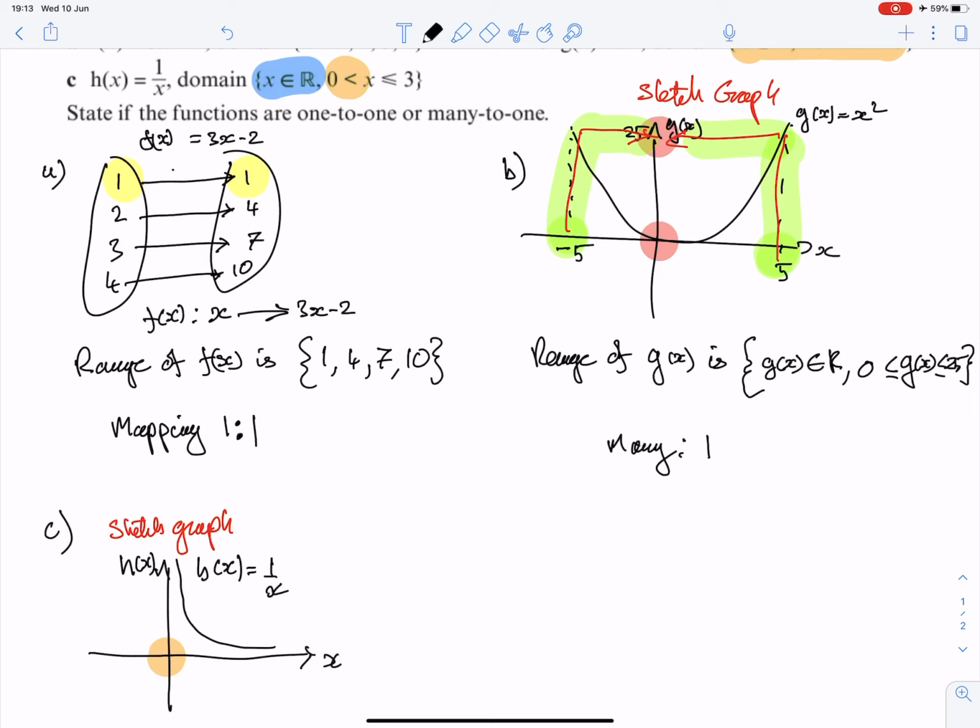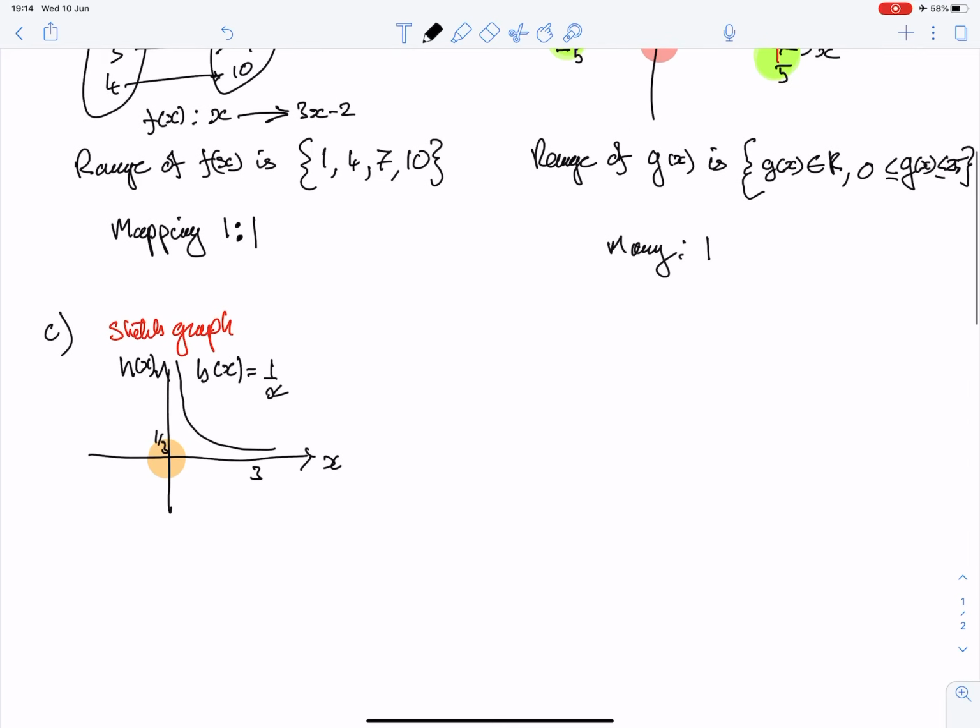This goes up very, very high. When we go across to 3, our output value will be a third, 1 over 3. So when you put 3 in here, we get a third out. These are our inputs, remember, and our domain. And this is our output and range.